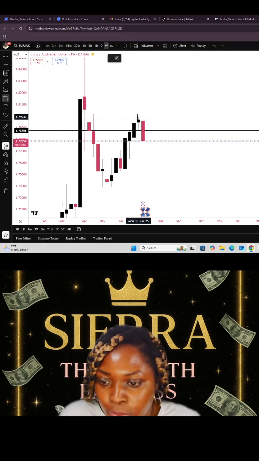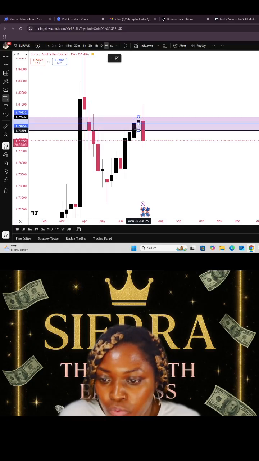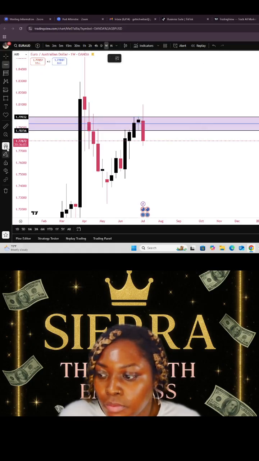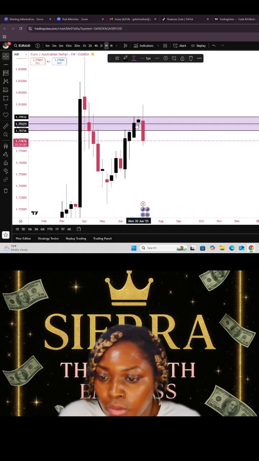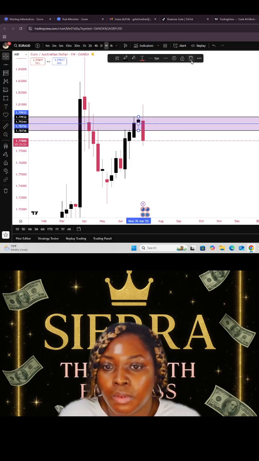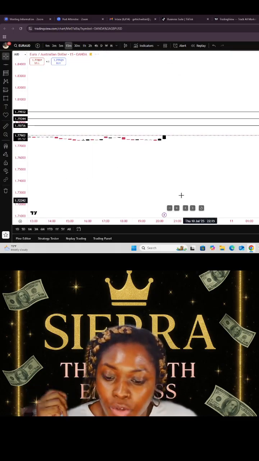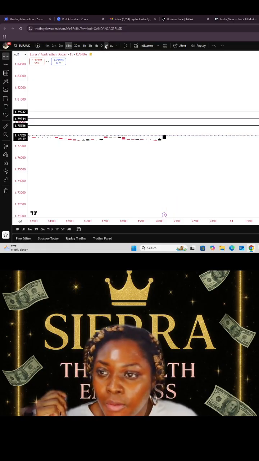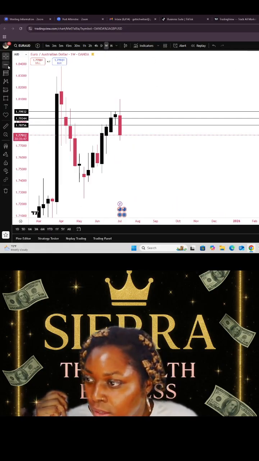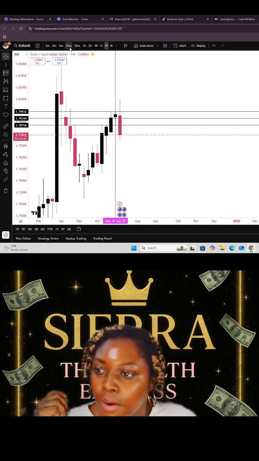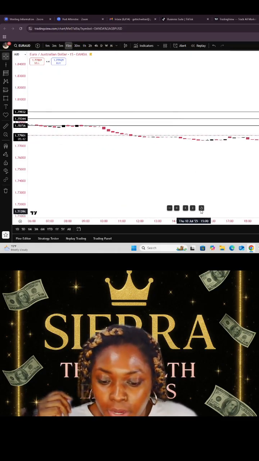And 50% of last week's candle. All right. Now we'll come down to our 15-minute. Wait a minute. I'm going to put a vertical line here so I can know where we are. All right, we'll come down to our 15-minute.